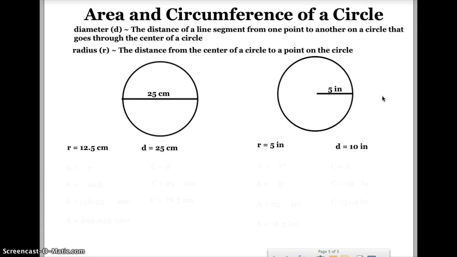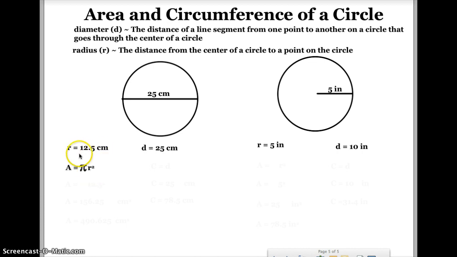Now, to find the area of a circle, I'm going to do 4 steps. I always write down the formula for area when I'm solving for the area of a circle. And that formula for area is equal to pi r squared. The second step is I'm going to replace the r with what the r is equal to.